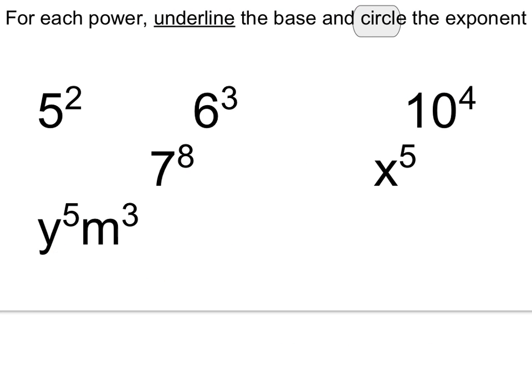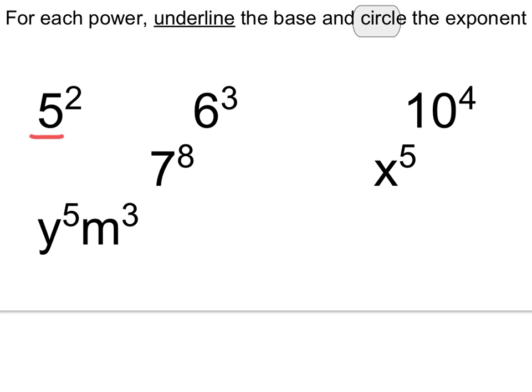For each power, I want you to underline the base and circle the exponent. I will do the first example for you, and then you can try the rest and check the answers afterwards. If we look at 5 raised to the 2nd power, we're going to underline our base.